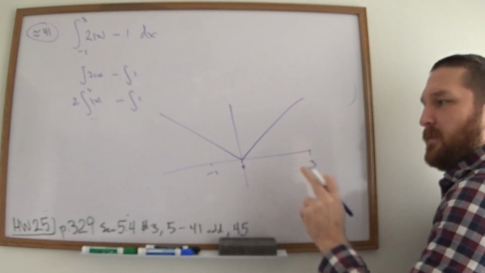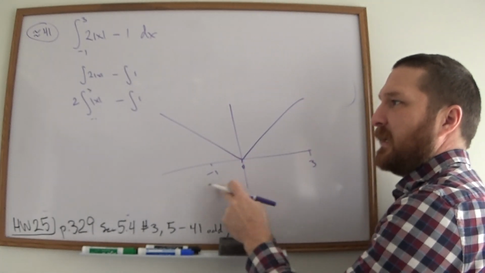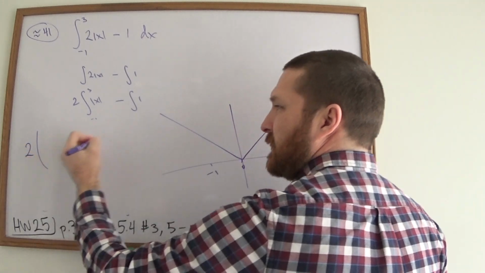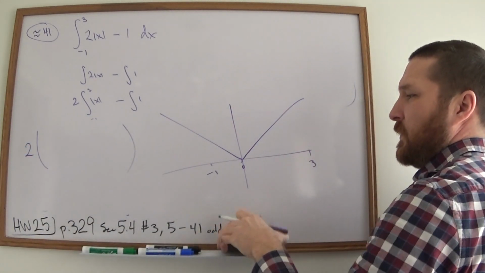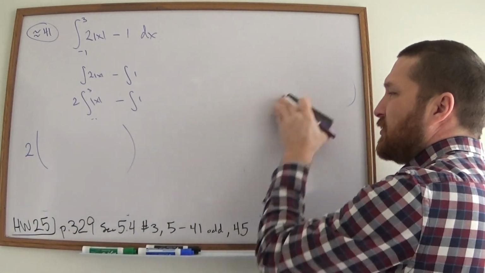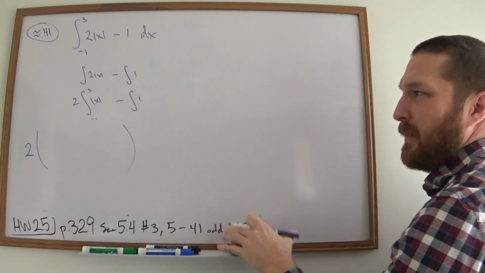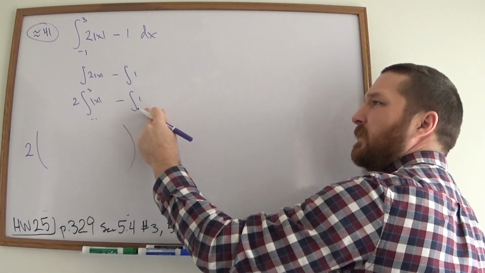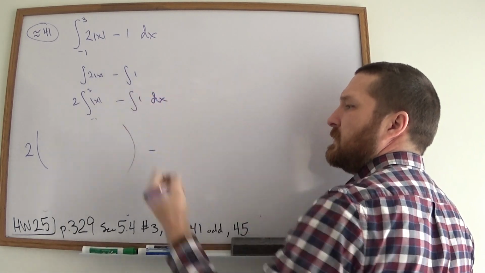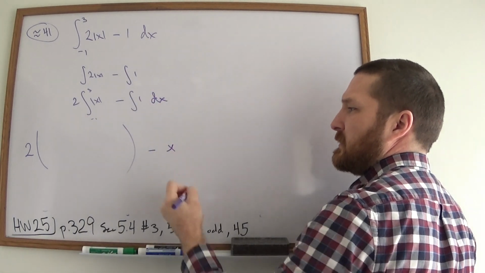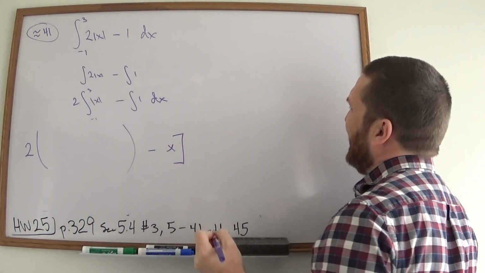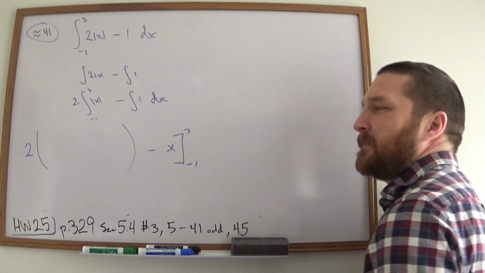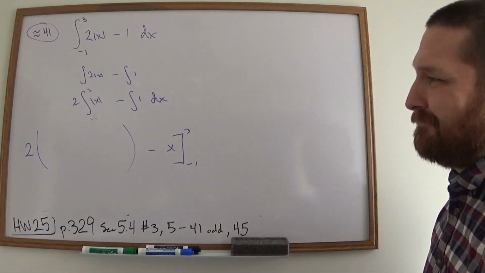So whenever it's negative, it's 2 times whatever that amount is. And what's the antiderivative of 1 dx? x. So negative x plus c, evaluating from 3 to minus 1. You could put plus c, but nah.